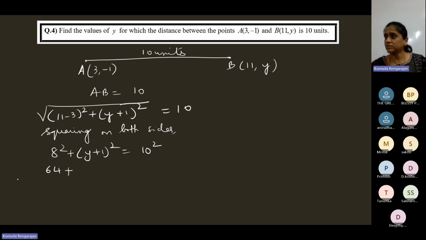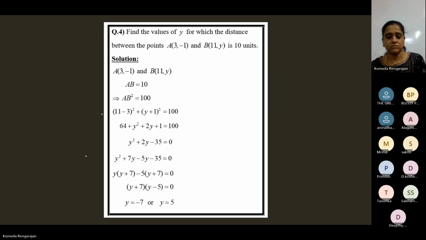Two values for y, yes. Y is equal to -7, y is equal to 10. Correct.